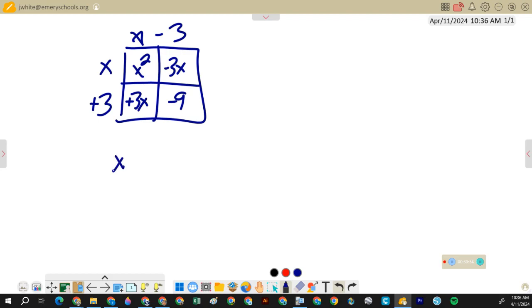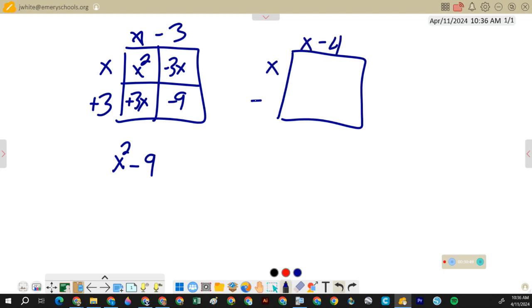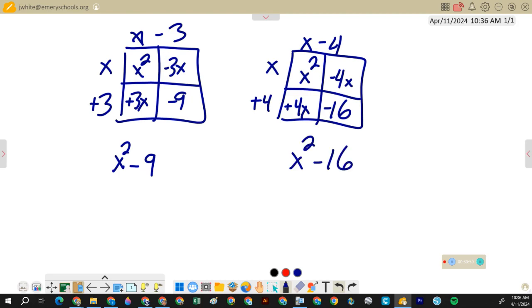And that turns into x squared minus 9. Okay, on the other side, we have x minus 4 and x plus 4. We fill that out, and I get x squared minus 16.